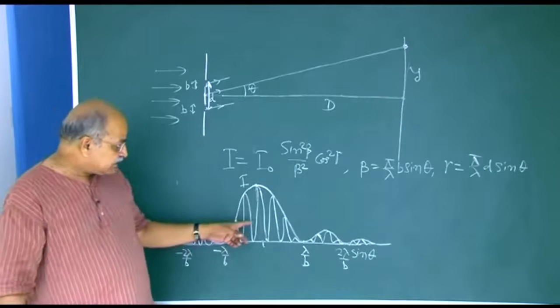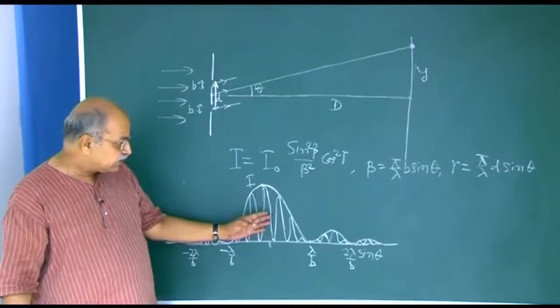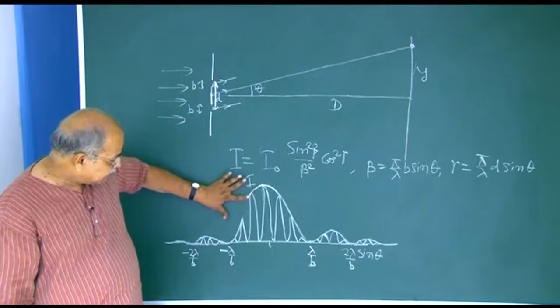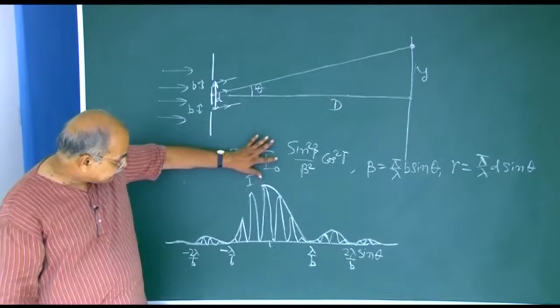So the intensity variation is given by this inner line. If you wish, you can remove that outer envelope, and this gives you the intensity.